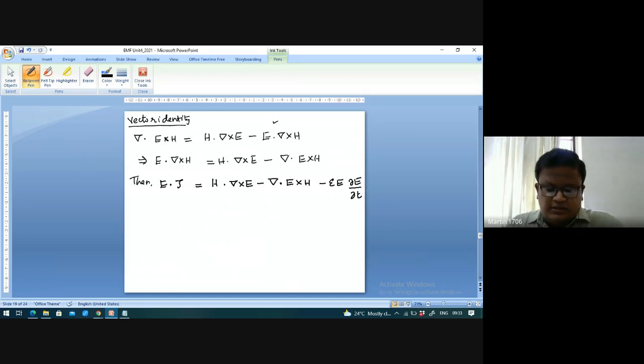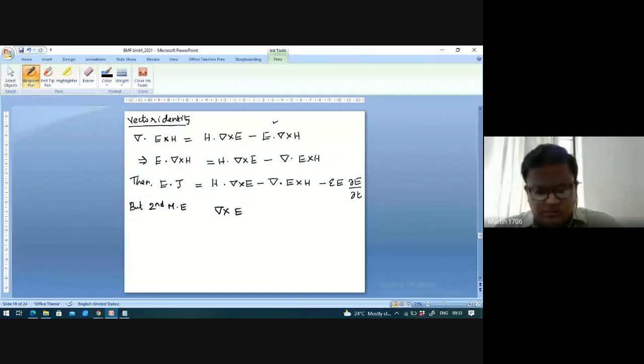But what is your second Maxwell's equation? Del cross E is equal to minus mu dou H by dou T. You can see del cross E is there in the previous step, so I'm going to replace that part.